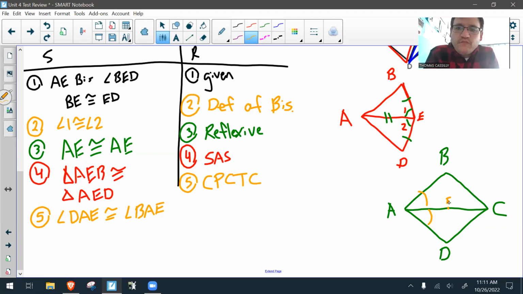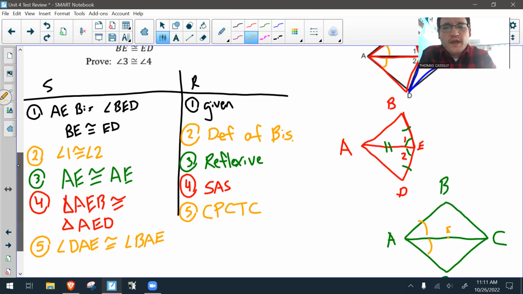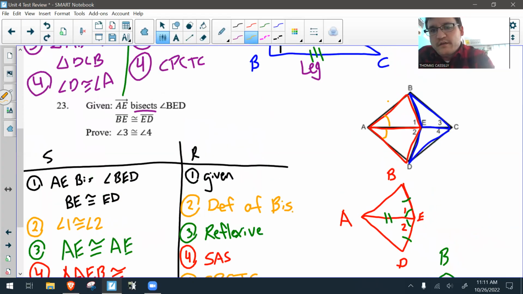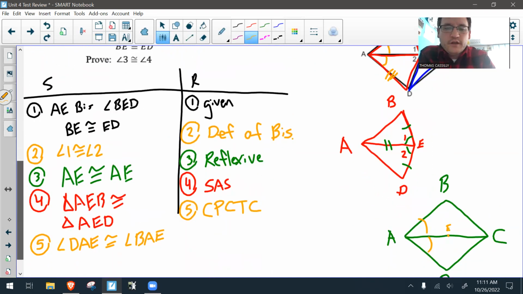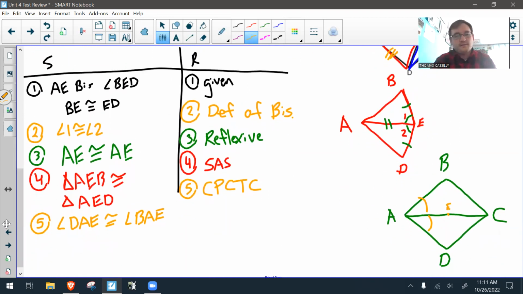Now, if we look at the red one and the green one again, they still have another kind of section that they overlap. So we can say AB is congruent to AD as well, right? Both the red triangle and the green triangle have segments AB and AD. So let's get that those are congruent. We know that AB and AD are congruent.